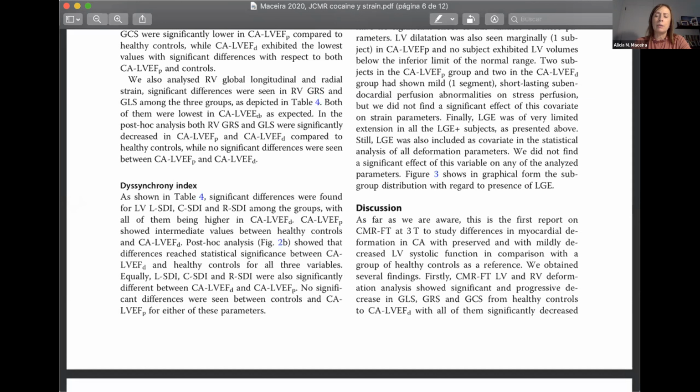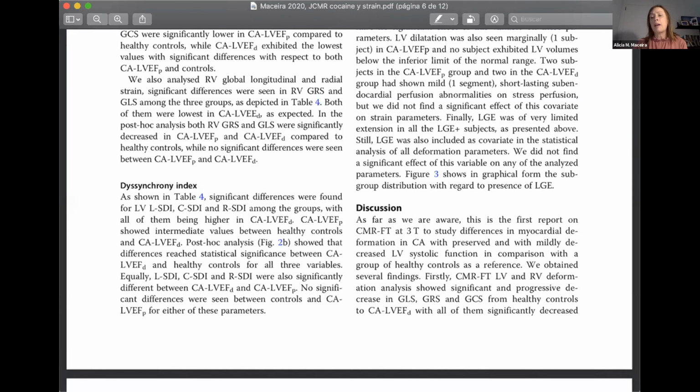And regarding what the pathological mechanism is, we don't really know. Little is known about how cocaine affects the heart, and several mechanisms have been proposed, like ischemia, but in the subjects we did stress analysis, we didn't find any perfusion defect. There were no significant differences in perfusion defects between those with normal function and without normal function.